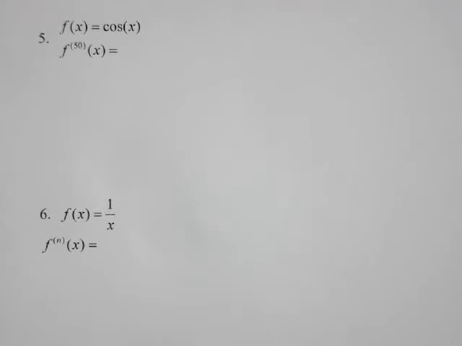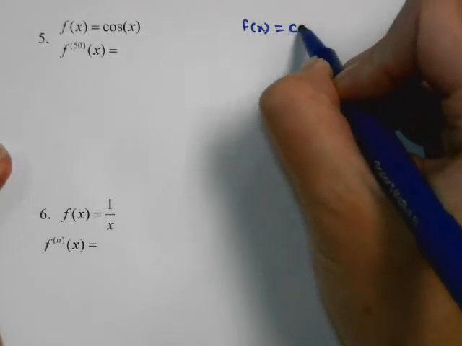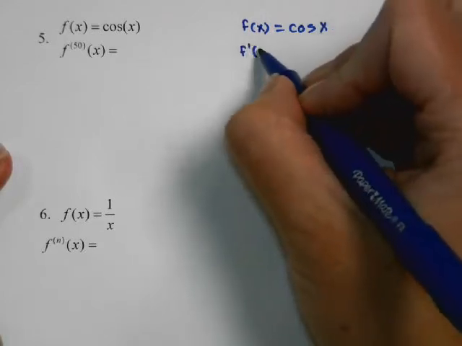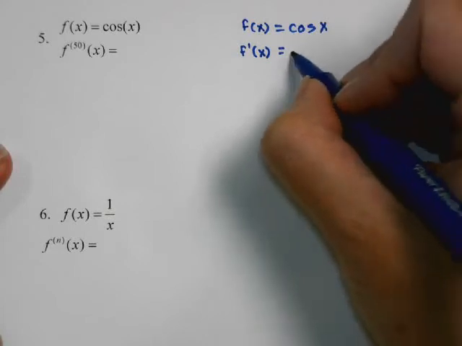All right, so this one, we're going to find the 50th derivative, which you can knock yourself out and do all 50 derivatives, but we're going to look at the pattern here. So if f of x is cosine, f prime of x, the derivative of cosine, is negative sine.